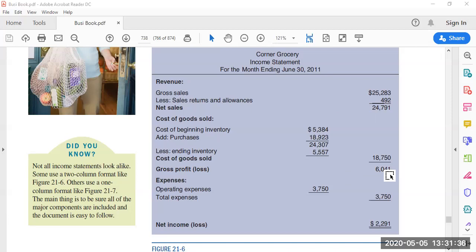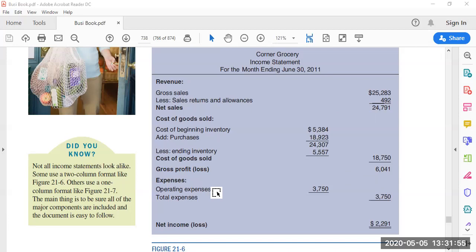After you find that value, we must go down and list what our expenses are. The operating expenses, in this case, we just give as one big figure, because that's what was given to us. We can break these down.